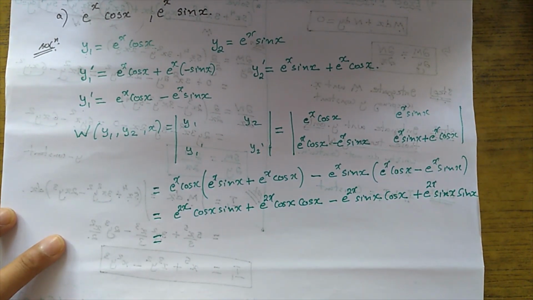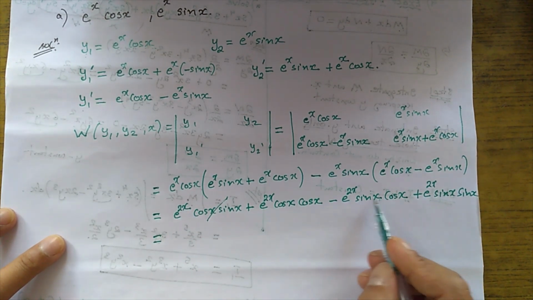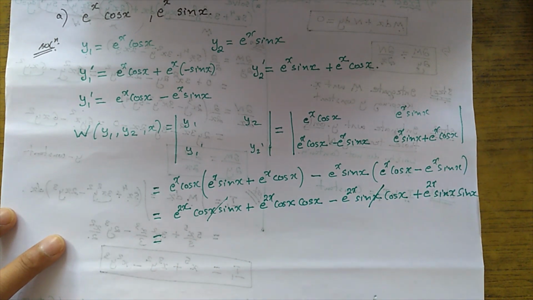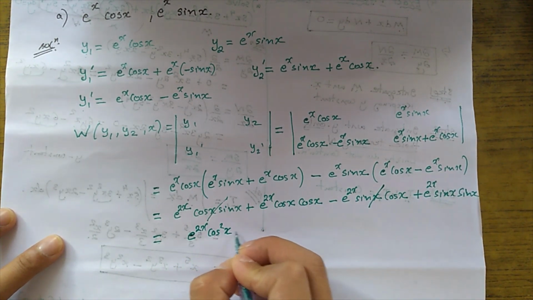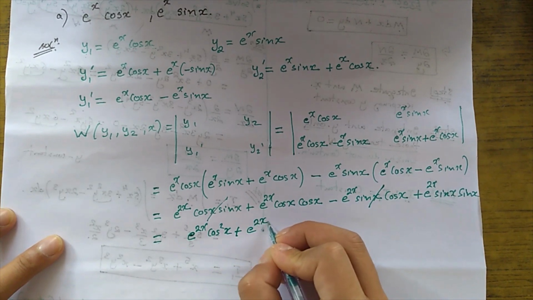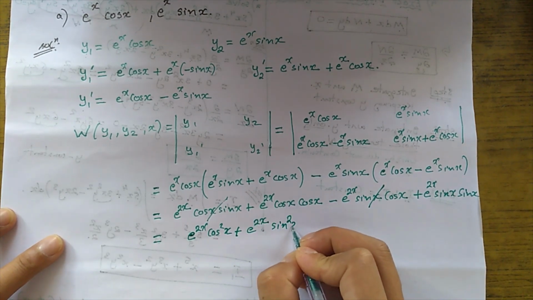Now if we check properly, we have e to the 2x cos x sin x, and e to the 2x cos x sin x with plus and minus, which we can cancel out. This leaves e to the 2x cos square x plus e to the 2x sin square x.